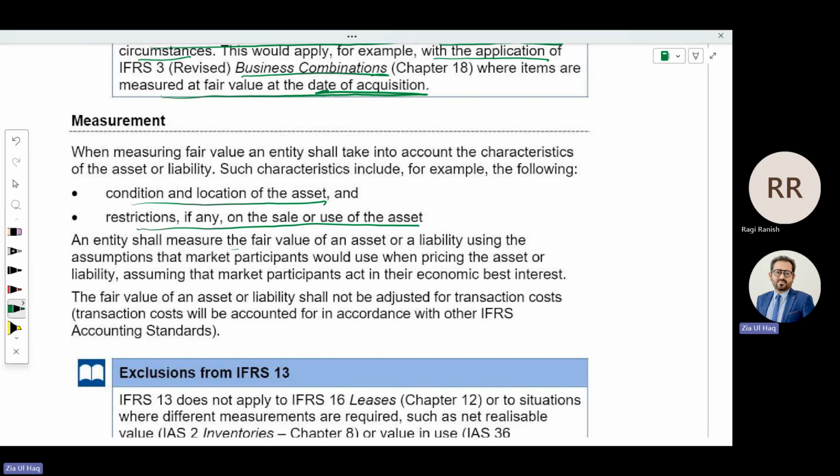An entity shall measure the fair value of an asset or liability using the assumptions that market participants would use when pricing the asset or liability, assuming that market participants act in their economic best interest. They are talking about fair value of liability; that we will discuss in the financial instruments chapter, the next chapter. Currently, we are just discussing fair value of assets.